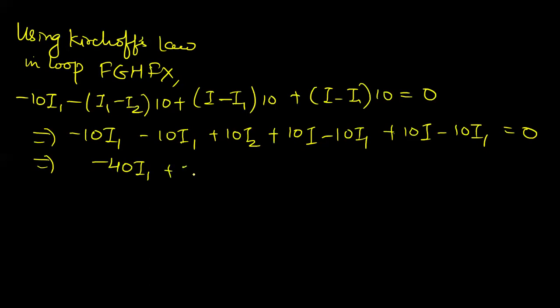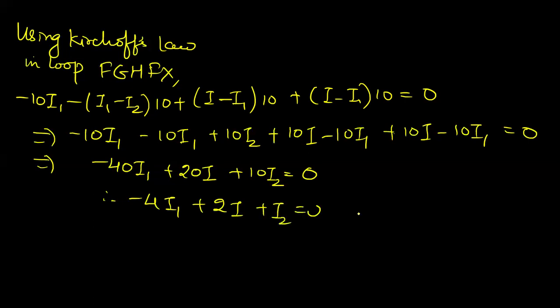There are two I terms also, so plus 20I, plus 10I2, equal to 0. Divided by 10, minus 4I1 plus 2I plus I2 equal to 0. From here you find the value of I. So I will be equal to (4I1 minus I2) upon 2. Just rearrange the terms and find the value of I.